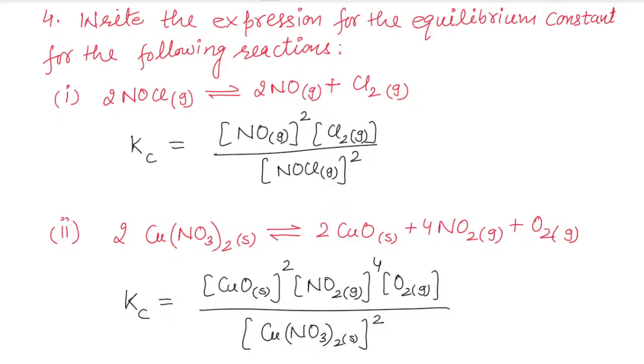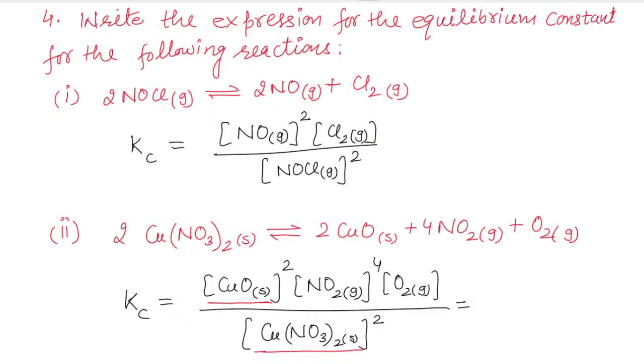Now look at the expression. This CuO is solid, Cu(NO3)2 is also solid. So keep in mind, for a pure solid or pure liquid, we take it as unity, because the concentration of a pure solid and pure liquid does not change, because it depends on the density.